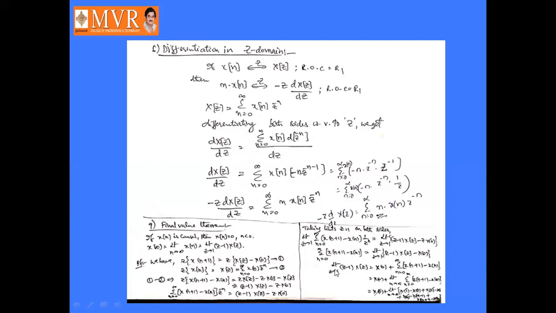So sigma n equal to 0 to infinity x of n plus 1 minus x of n is equal to limit z tends to 1 of z minus 1 into x of z minus x of 0. Okay.